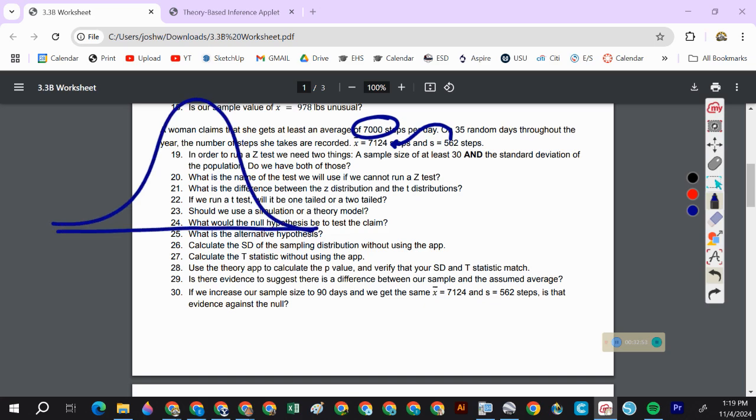So if this is the standard normal curve, okay, and I've told you that the standard normal curve, this is 1 SD, and so on, okay? There is only one standard normal curve, but there are an infinite number of t curves. They're called student curves because student starts with a t.